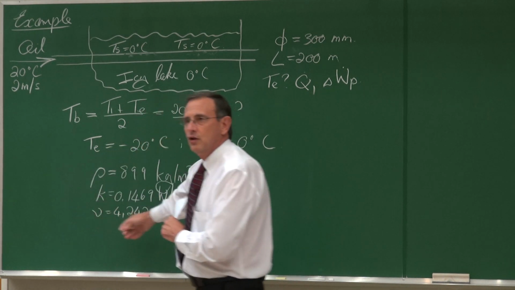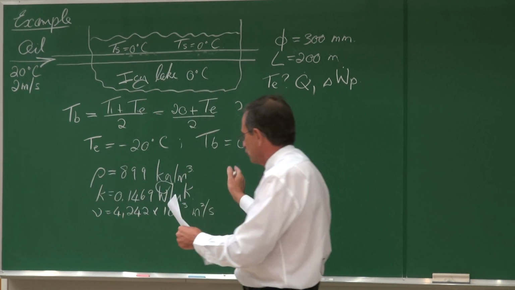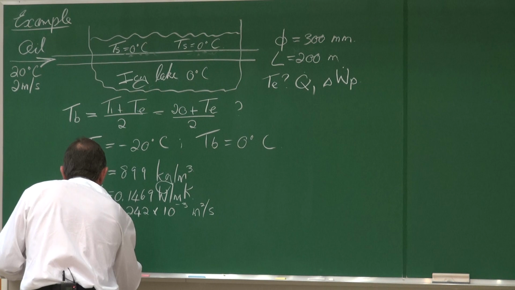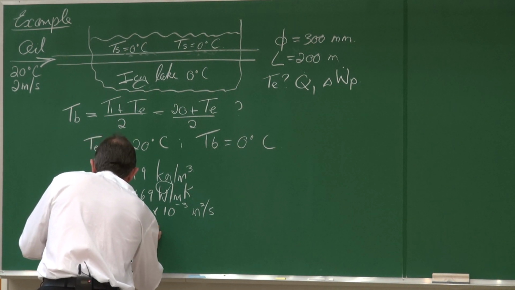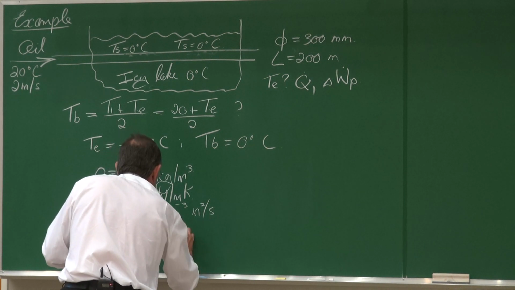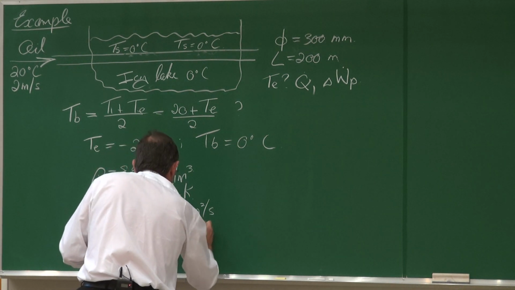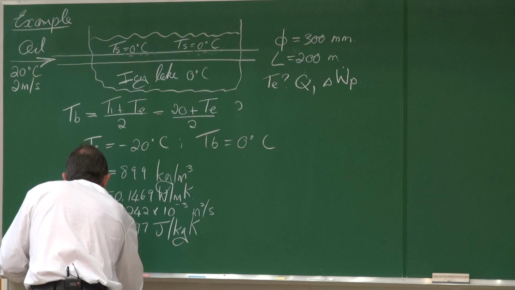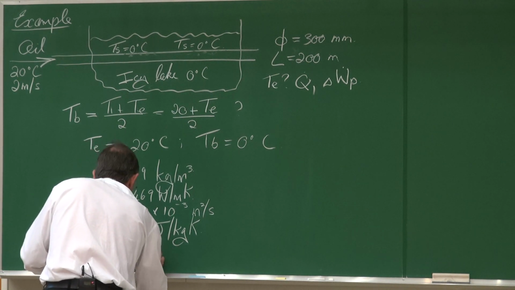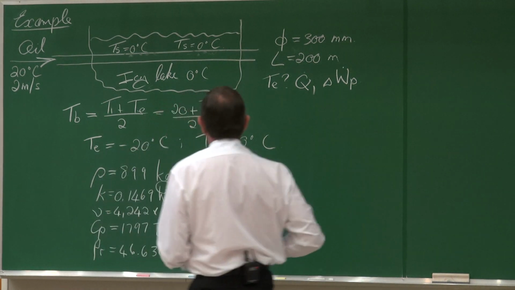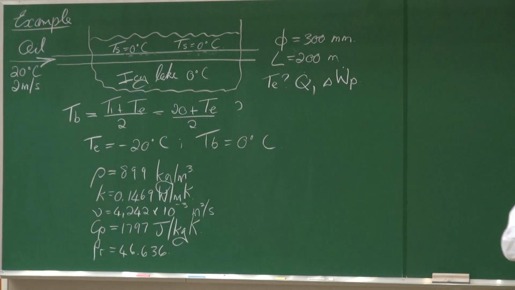And I think the dynamic viscosity value is also given there, I'm not sure, doesn't matter. The Cp value is equal to 1797 joules per kilogram Kelvin, and the Prandtl number is equal to 46,636.